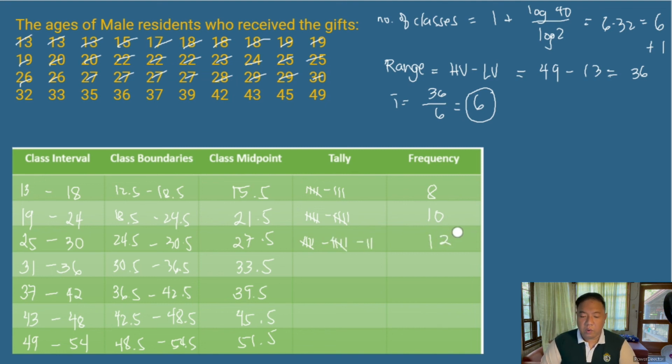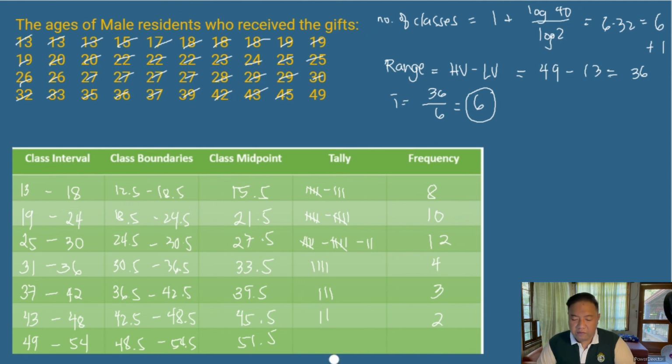How about 31 to 36? 1, 2, 3, 4. 37 to 42: 1, 2, 3. 43 to 48: 1, 2. If you think about it, if we did not add one class, where would we place 49? Right?